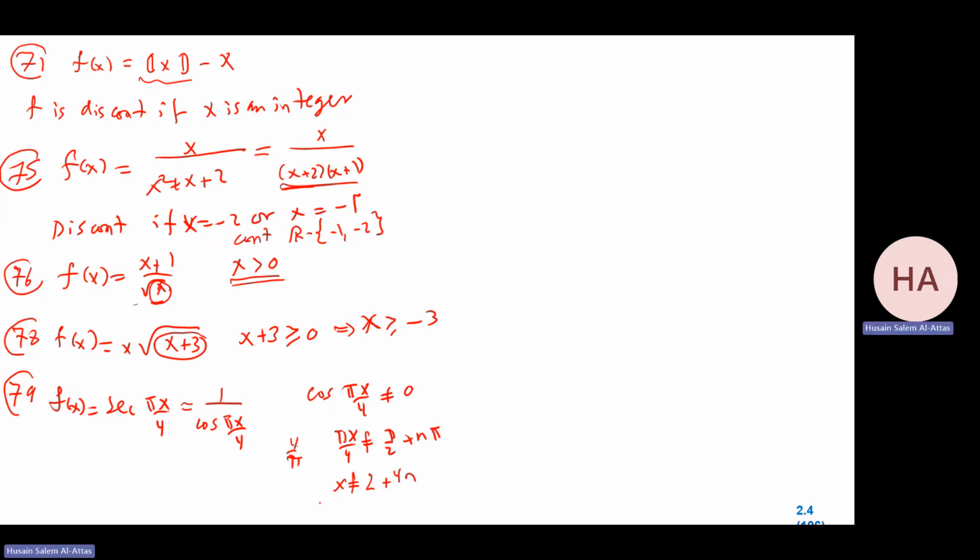So x not equal to 2 plus 4n. So it will be all real numbers except 2 plus 4n, where n is an integer.